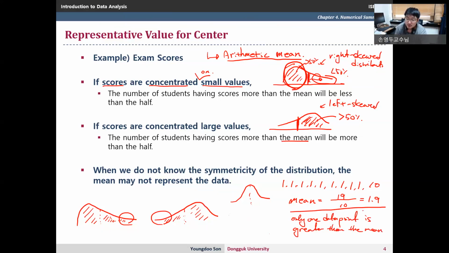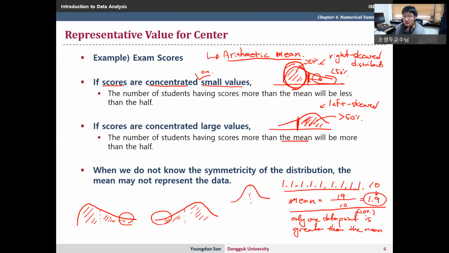Only one data point here, it means 10% of data points. And the remaining 90% of data points, these ones, are less than 1.9. So in this case, this 1.9 may not be a good choice to represent these data points.